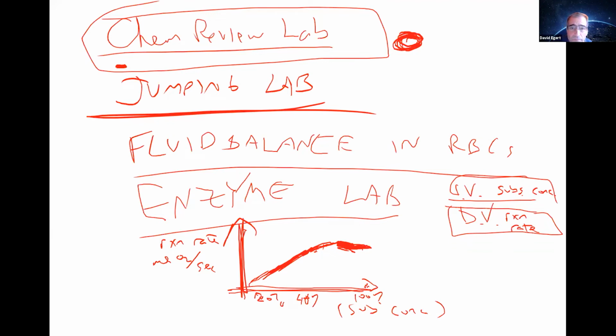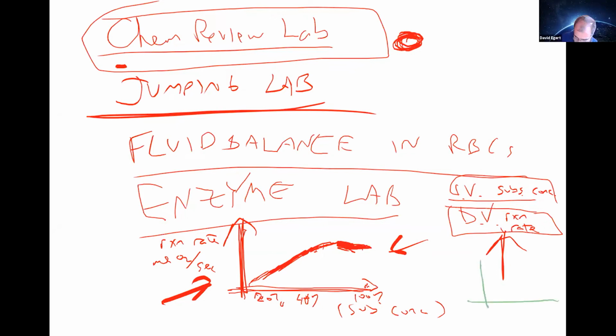The thing that gets people confused on this one is how did we actually get this graph? How did we get a measure for reaction rate at a certain substrate concentration? We measured the slope of each trial at the point when the reaction was running smoothly or quickly.